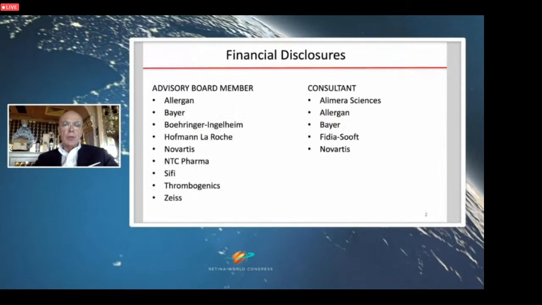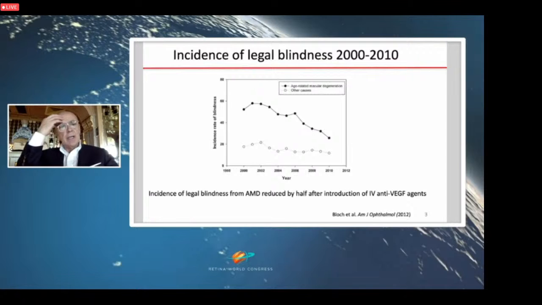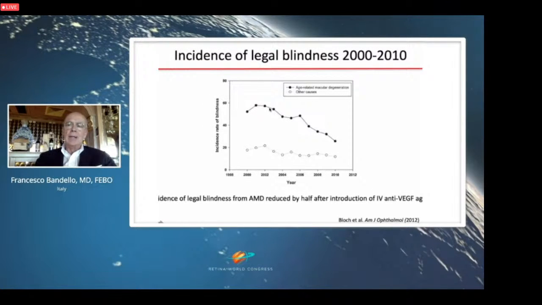These are my disclosures. I like to start this presentation with this slide, which is, I think, the best slide produced during these last years. This is a paper published by the group of Michael Larsen, where you can see that the number of patients with visual loss secondary to age-related macular degeneration decreased significantly during the same years corresponding to the introduction of the anti-VEGF approach to wet AMD.